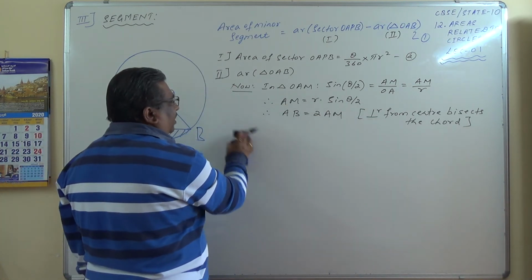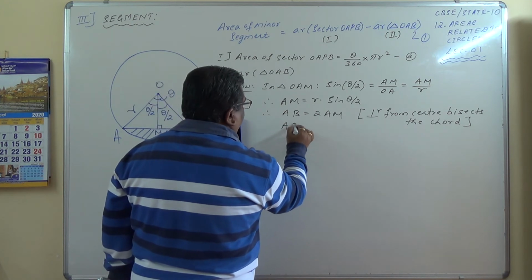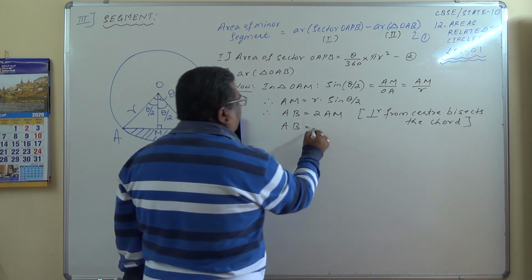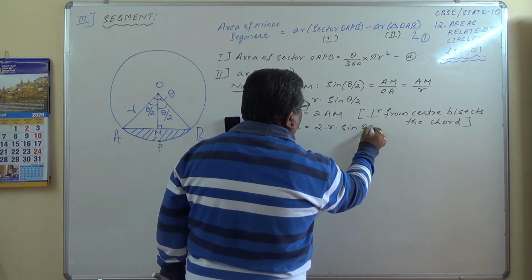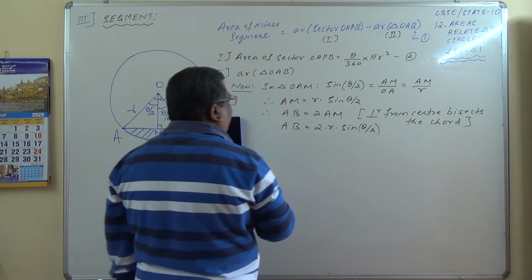So AB equals 2AM. Therefore, AB is equal to 2 times R into sin theta by 2. So we have got the base.